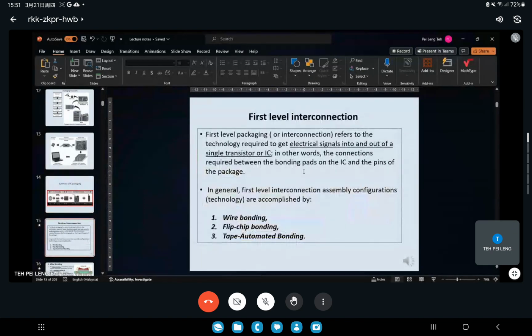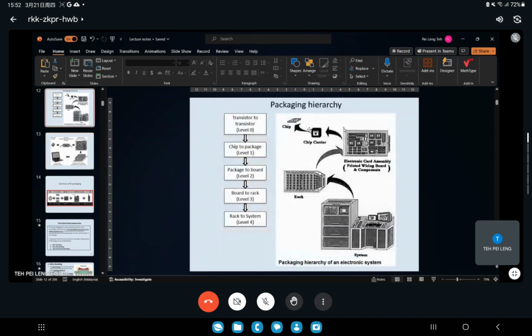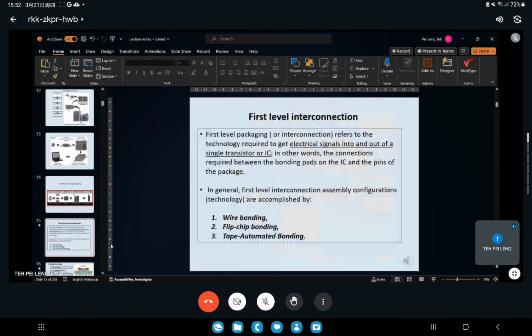If you still remember first level interconnection, what's the function? It is to attach a chip on a chip carrier. Correct or not? What is the purpose? We want to attach this chip on a chip carrier to protect the chip and for easier handling from one station to another station.